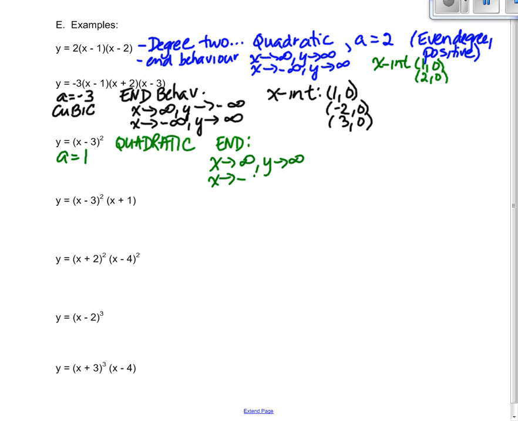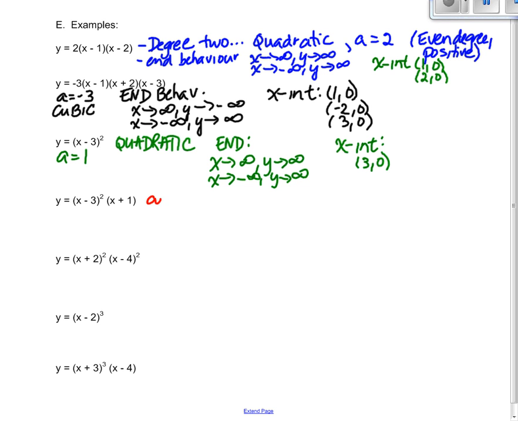As it goes to the left, the function also increases. This one has one x-intercept of 3. Just checking that I've got everything that I did in the last one. Yep. Okay.